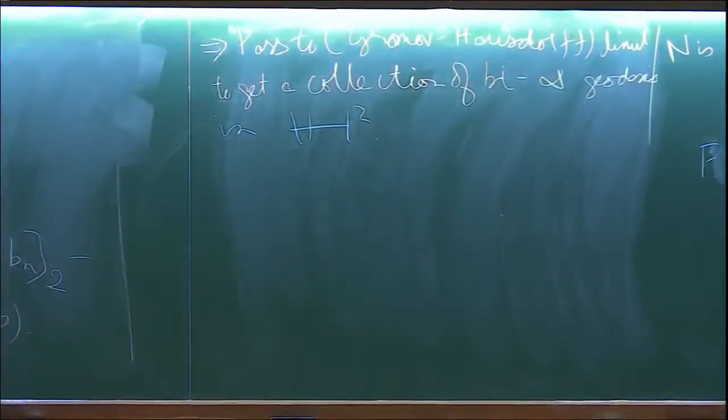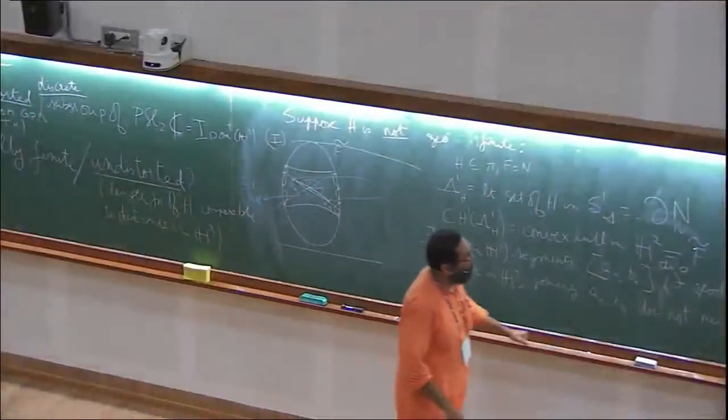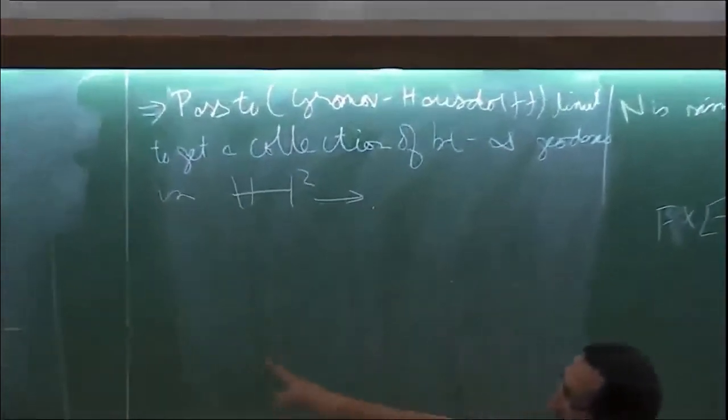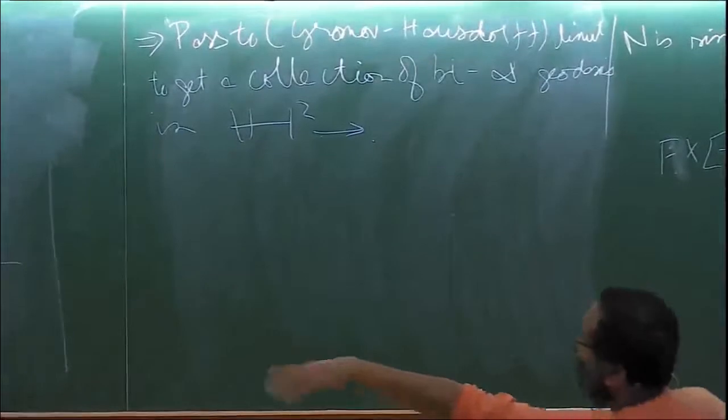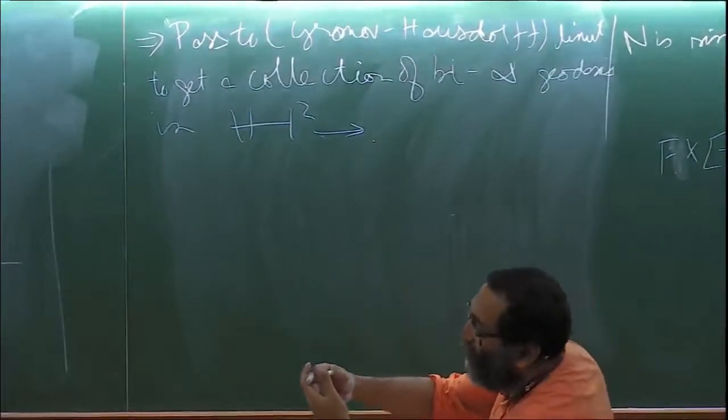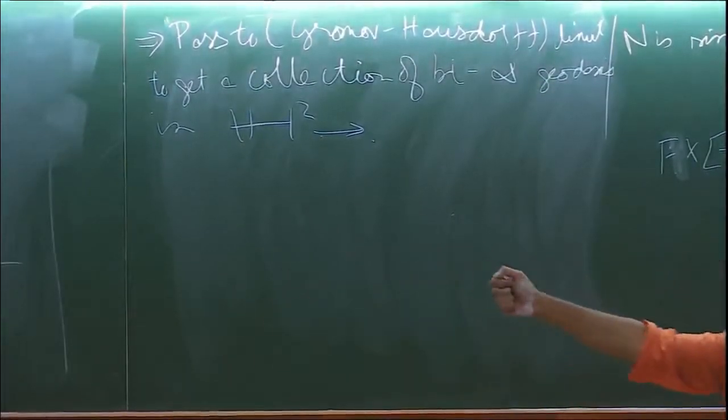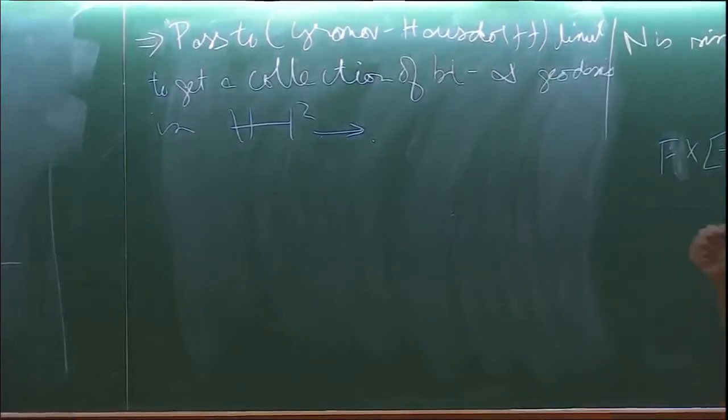You're taking all sequences, you look at collections of segments whose geodesic realization lies further and further away from the base point, and then you pass to all possible limits of these by infinite geodesics. So this is an example of an algebraic lamination. It's a very crude topological construct that we are doing here, and it's really something that's coded by the group, so that's why we call them algebraic.